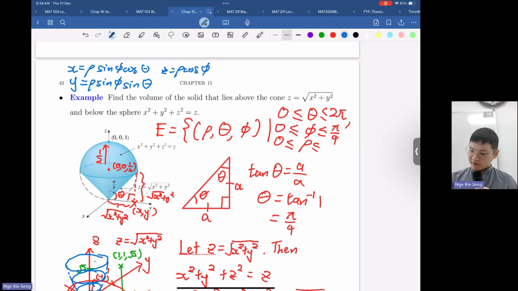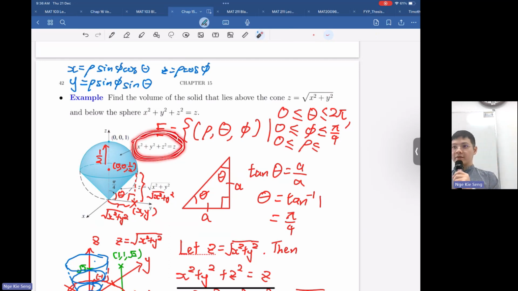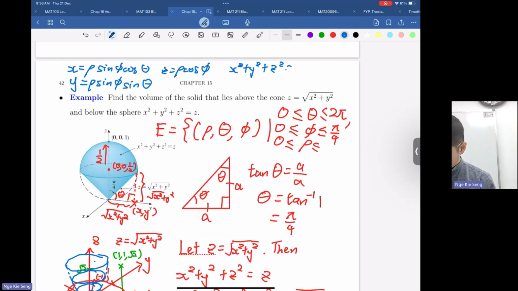Okay, so what is this sphere in terms of spherical coordinates? How do you write this equation in spherical coordinates? x squared plus y squared plus z squared equals z. How do we turn this sphere into spherical coordinates?